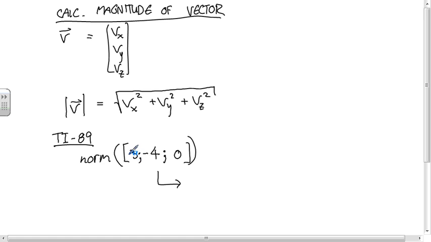In this case, this would be a 3, 4, 5 triangle. So the length of this vector should be 5. And so if you do norm of this vector, it would give you the value 5.